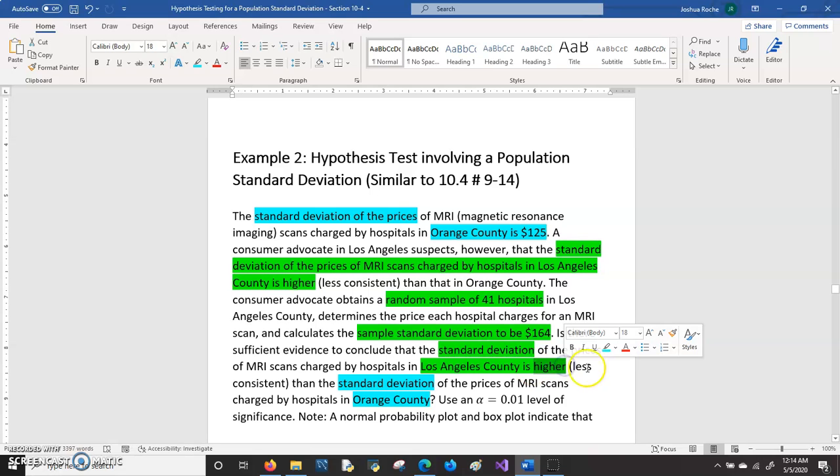And that word higher is going to affect how we'll write the alternative hypothesis. Higher is going to indicate greater than, and so ultimately in the alternative hypothesis we'll use a greater than symbol.